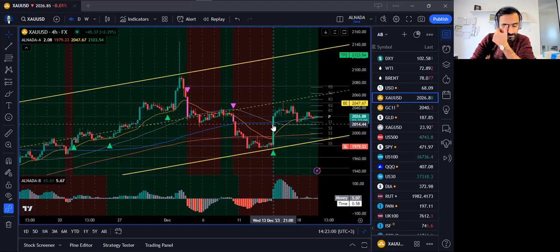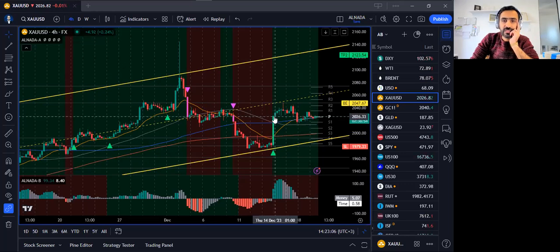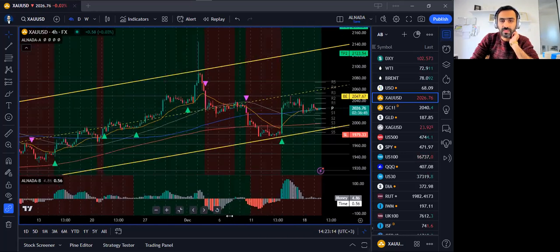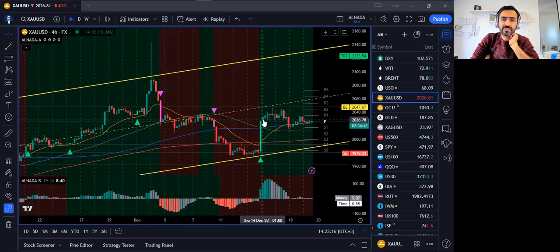Here, the entry price of the trade is almost near the resistance, which is the middle line of the channel. And we know it's better to enter long after breaking the resistance, not before breaking it. This is a basic rule of trading.